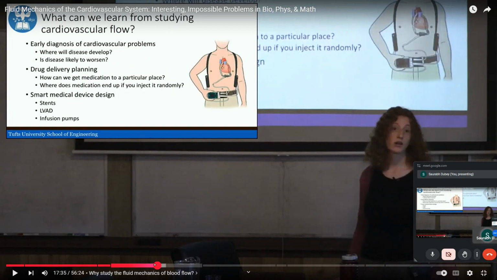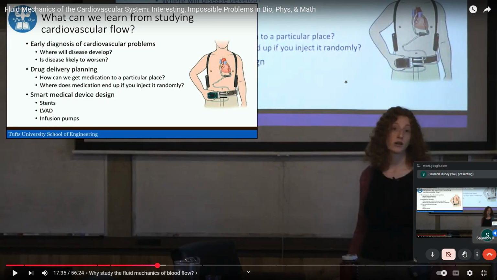So what can we learn from studying cardiovascular flow? Early diagnosis of cardiovascular problems can be done: when and where the disease will develop, the life cycle of the disease, how it will worsen, and what precautions we have to take.